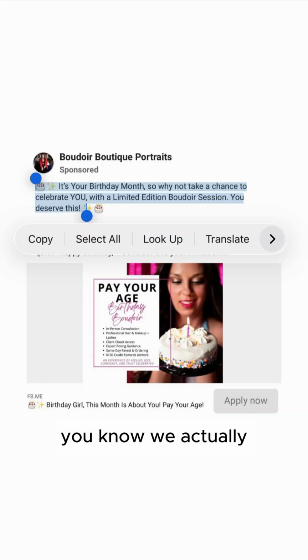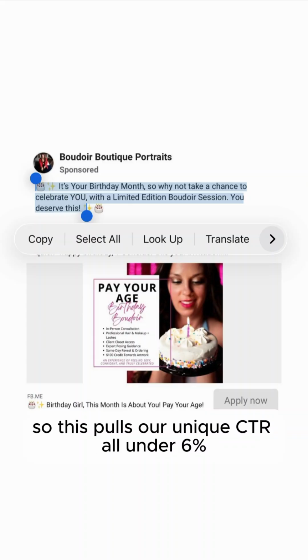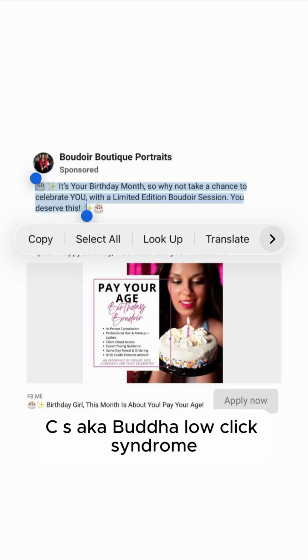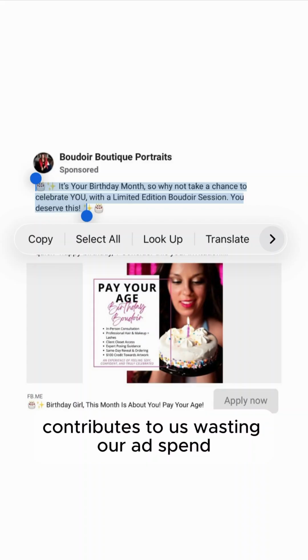The way we set it up kind of forces them to keep scrolling on by. So this pulls our unique CTR all under 6%, contributes to BLCS, aka Boudoir low click syndrome, and contributes to us wasting our ad spend.